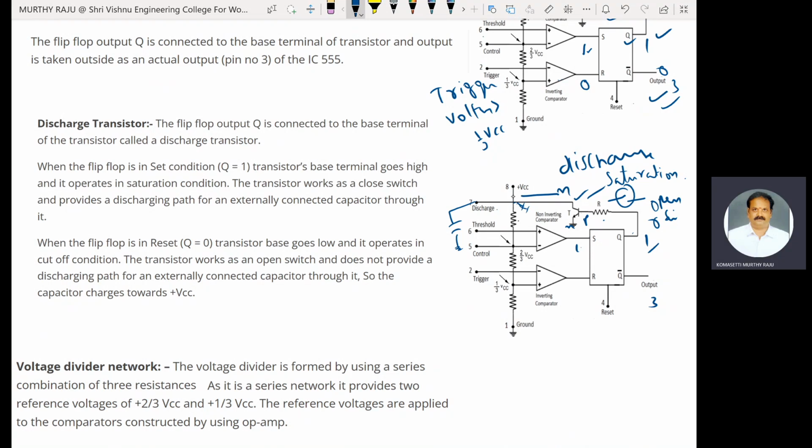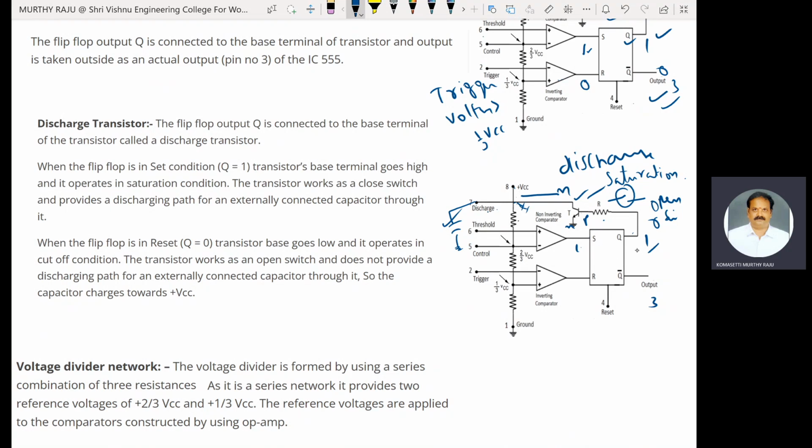The transistor does not provide any discharging path for the externally connected capacitor, so the capacitor charges towards VCC. Therefore, VCC is directly connected to the discharge terminal of the 555 timer IC. That is very, very important.